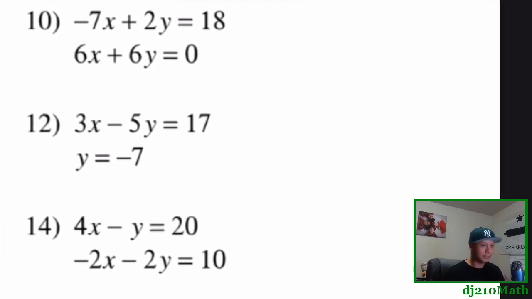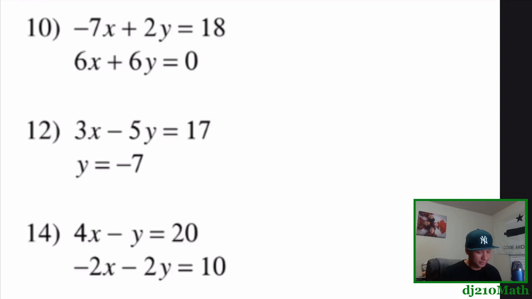So here's something to consider, right? When you're doing these problems, sometimes you can factor out numbers, particularly when it's equal to 0. If I factor out a 6, if I divide everything by a 6, cancels, cancels. 0 divided by a number is still 0.